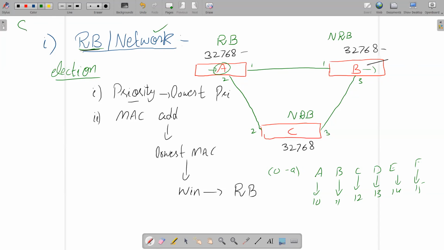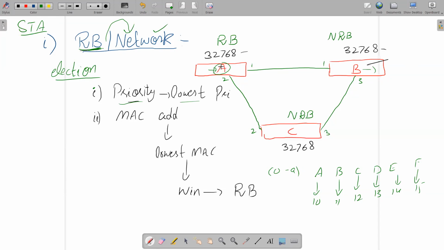So the first step to understand the algorithm of spanning tree, which is STA, the spanning tree algorithm, is to find out the root bridge per network. Who is going to be the root bridge? You need to conduct an election. The first criteria is the priority.